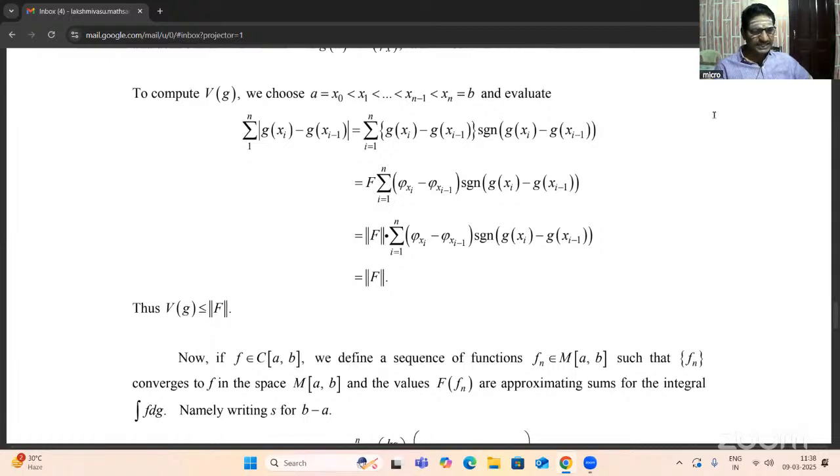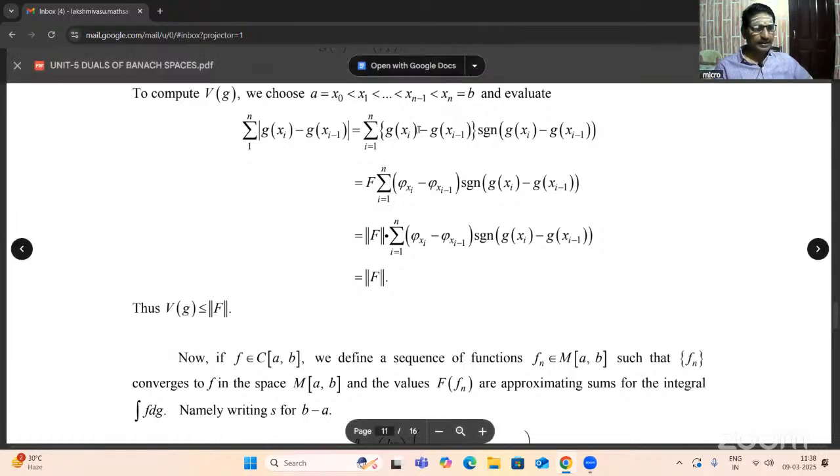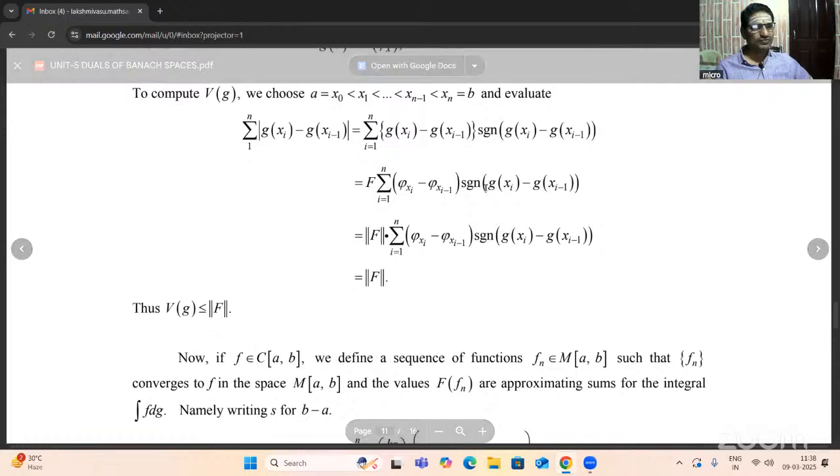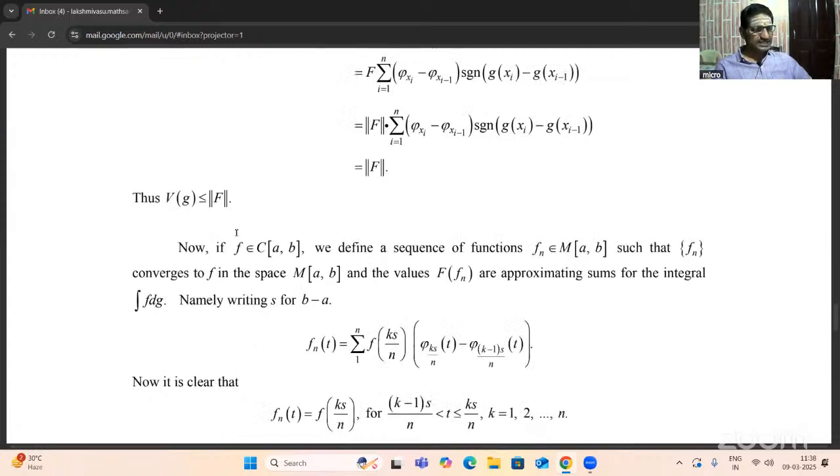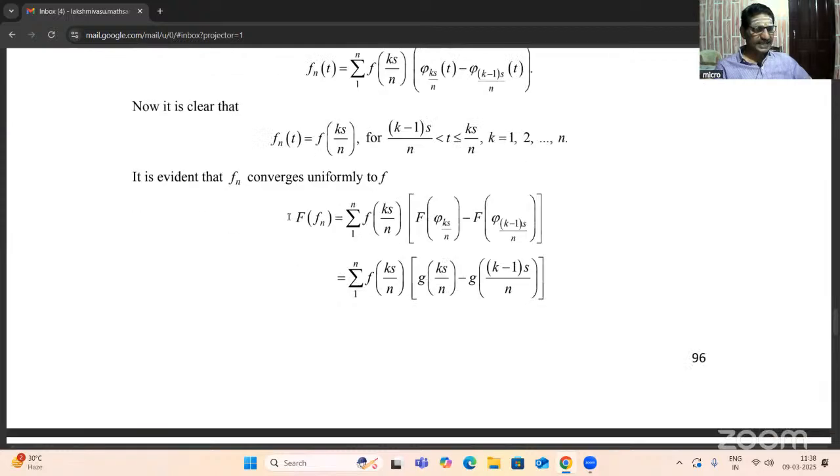Then applying the norm, according to that, that value is norm f. So V of g, the total variation of g, is less than or equal to norm f.